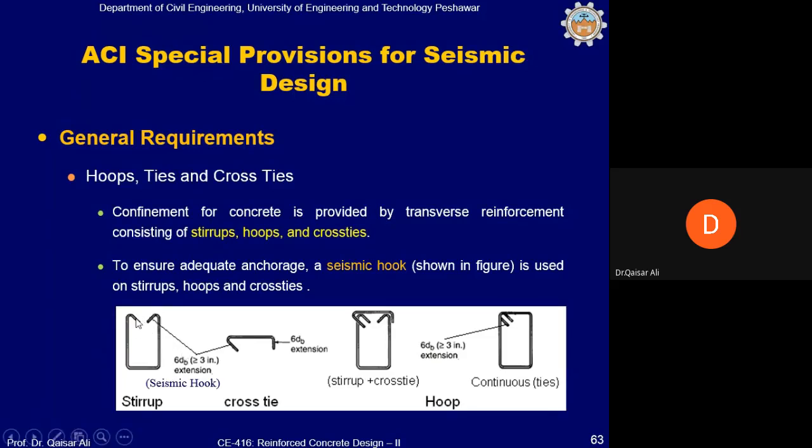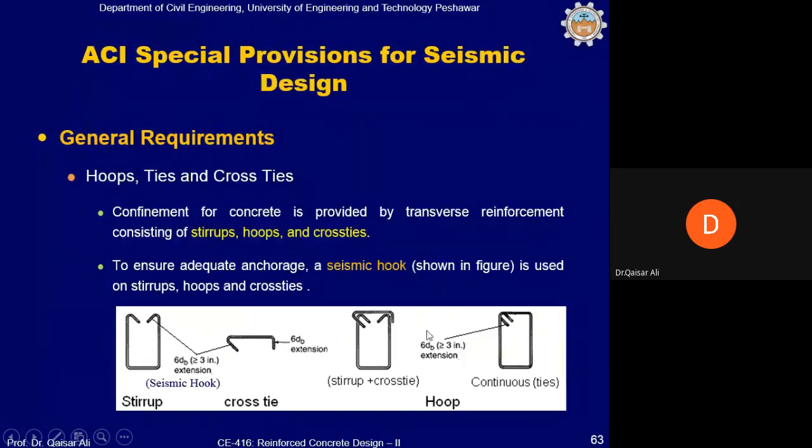However, if this open stirrup is closed with a cross tie, a single bar with one end having a 90 degree bend and the other end a 135 degree bend, placed on top of this stirrup, this will be called stirrup plus cross tie, but it can also be called a hoop or closed tie.